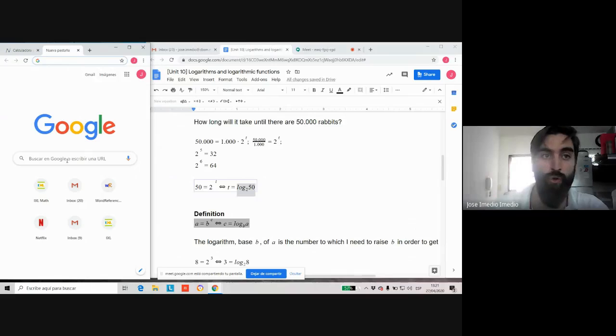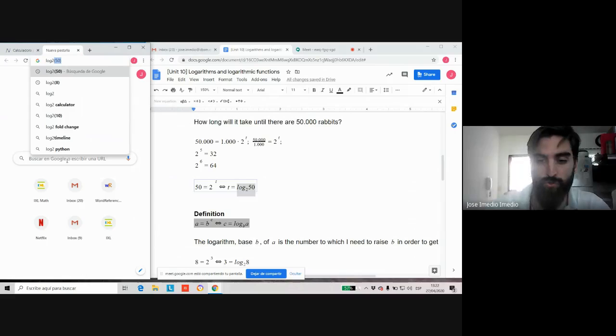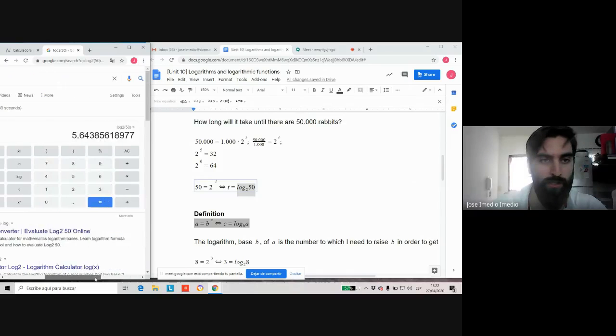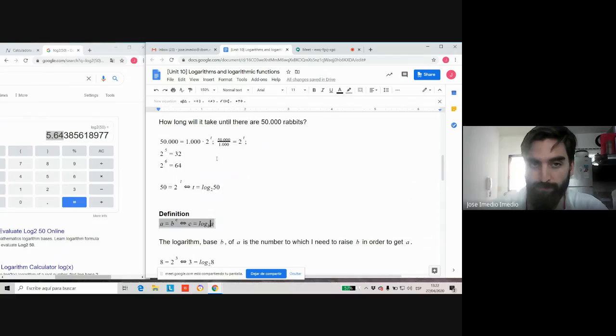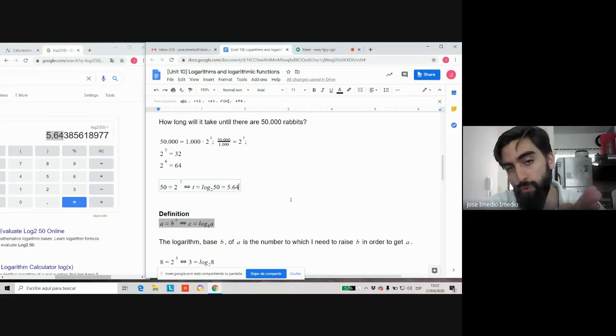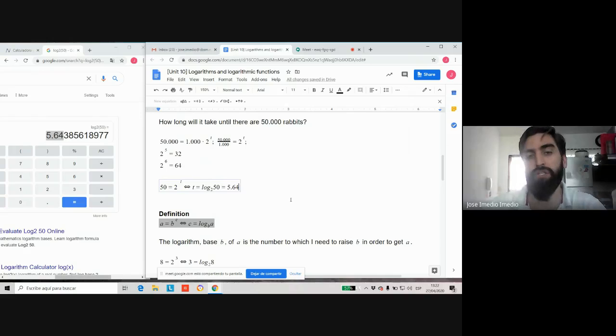The only thing I'm going to write is logarithm base 2 of 50, and Google answers this. Okay, so it's 5.64. This equals 5.64, which means that 2 raised to the power of 5.64 is going to give me 50.